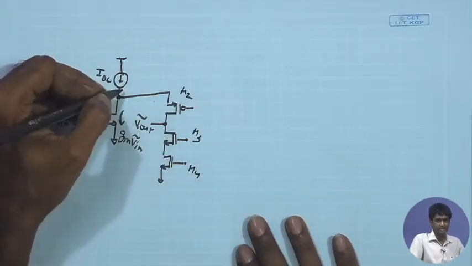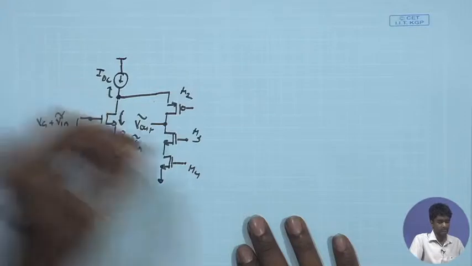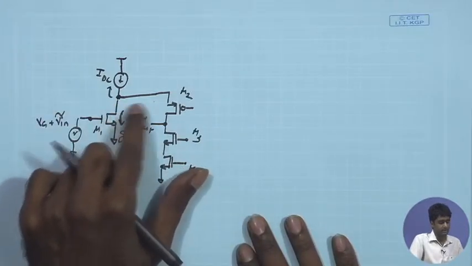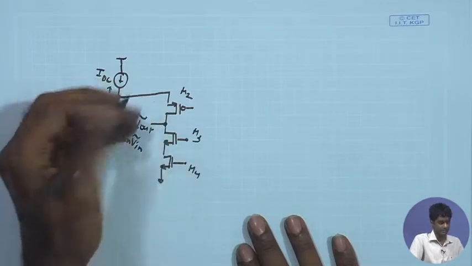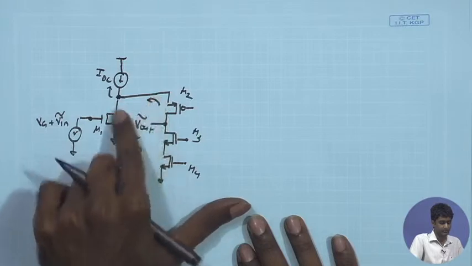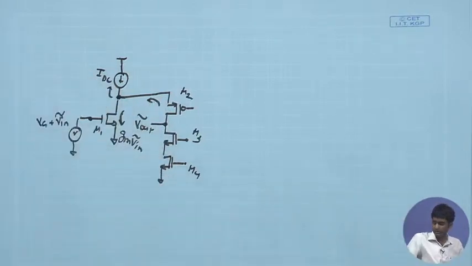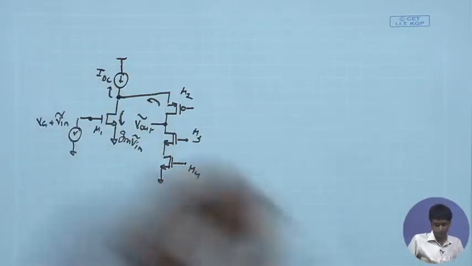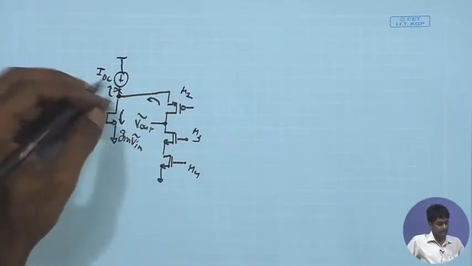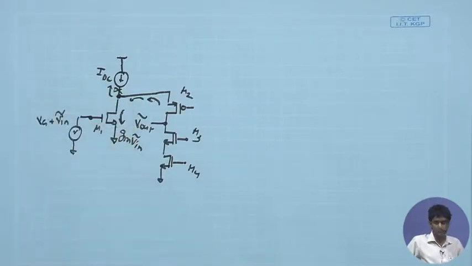If this is an ideal current source, the small signal impedance of the I DC is very large, infinite ideally, and therefore, this entire small signal current will be flowing into this direction. So, this entire gm1 times V in flows here, because for the AC analysis, this ideal current source is going to be open circuit. It is not going to have any small signal current flowing. As a result, this entire gm1 V in goes in.